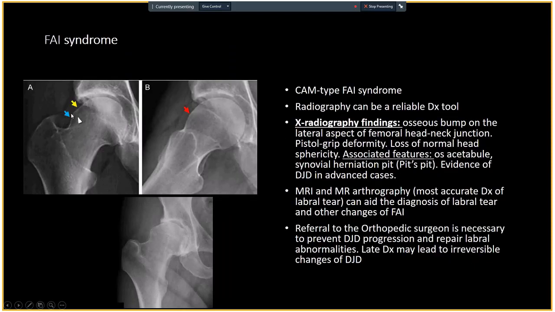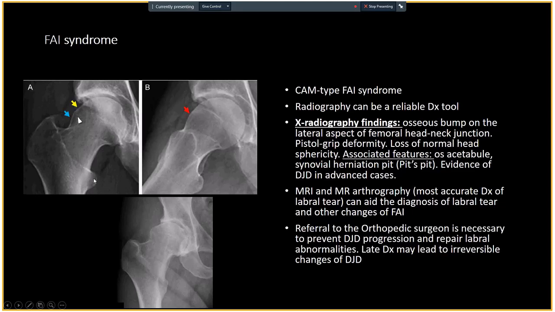Typically you can see that cam type deformity with that osseous bump and some of these changes, even if joint cartilage is not significantly lost, but anyone with hip pain should be further investigated by MRI, because in this case MRI is crucial for you to determine potential labral tears. But that's basically FAI.